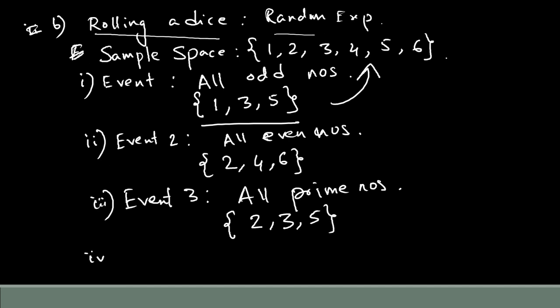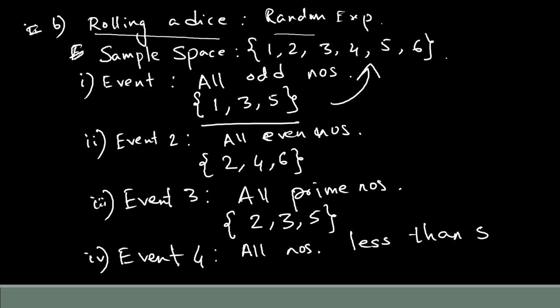Let's say event 4, giving you a few examples, right? Event 4 can be all numbers less than 5. For this event, the outcome set for the random experiment of rolling a dice will be 1, 2, 3, 4.